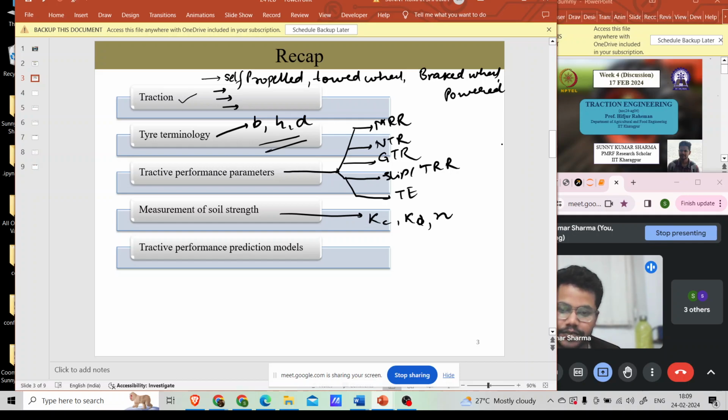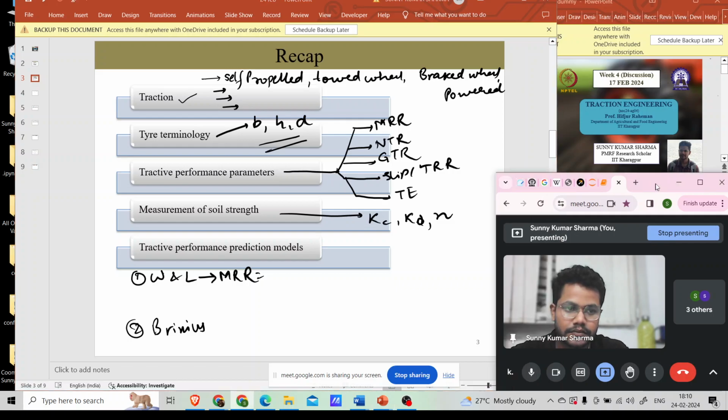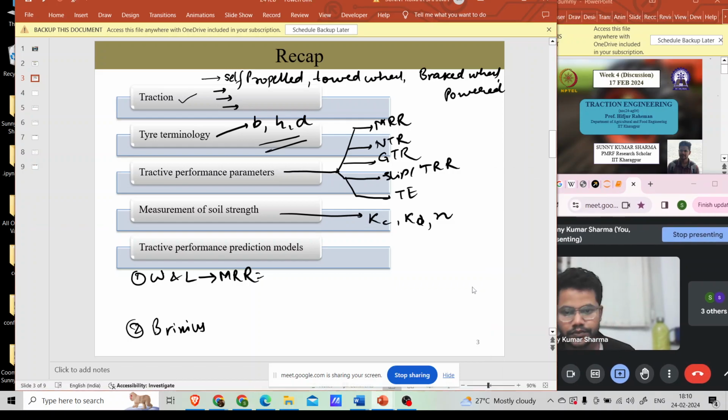In traction performance prediction models, in the last lecture, we have discussed two models. First one is Wismer and Luth, and second one is Brixius. According to Wismer and Luth, what is the formula for motion resistance ratio? Do you remember, Sivaraman? 1.2 divided by Cn plus 0.04.